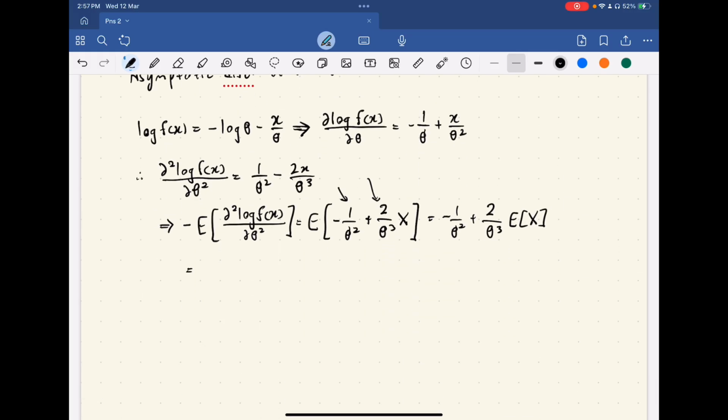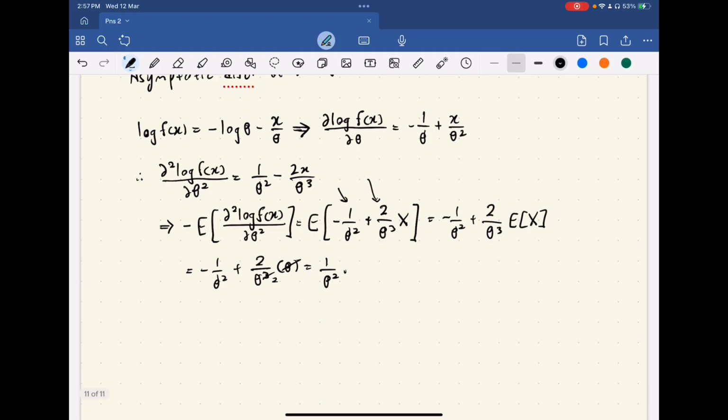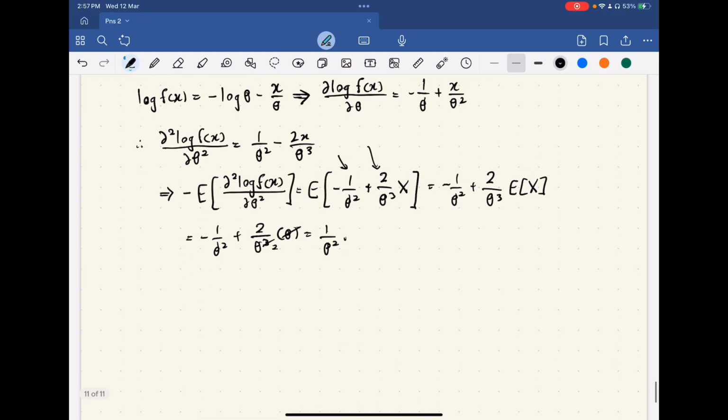So you will have negative 1 over theta squared plus 2 over theta cubed times theta. So these two combine, and you will have 1 over theta squared. Okay. So for this expectation, this is theta squared here, and this will be your Fisher information. Okay.